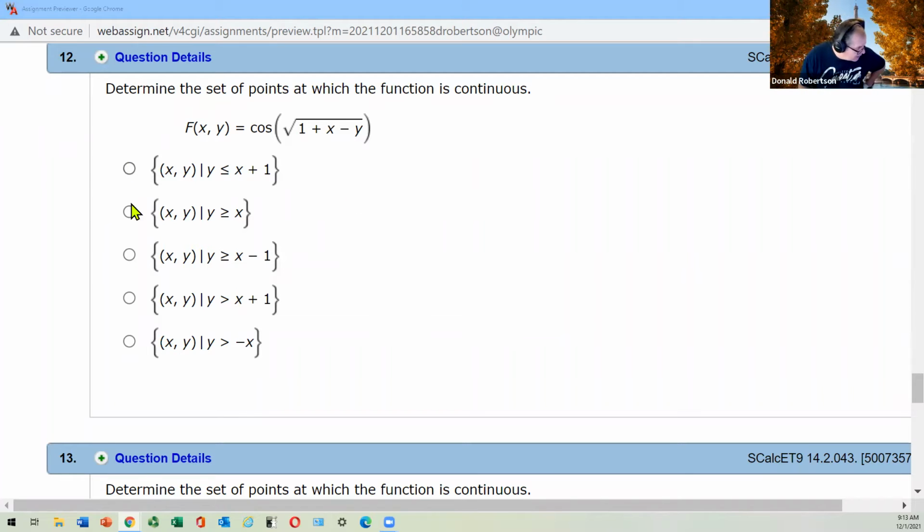And one of these guys is the same thing as that, but just kind of rearranged. So if I have 1 plus x minus y greater than or equal to 0, isn't that the same thing as x minus y greater than or equal to -1? Isn't that y minus x?